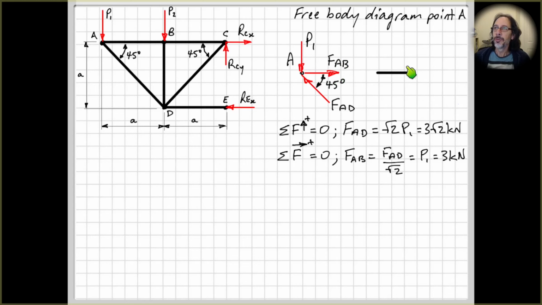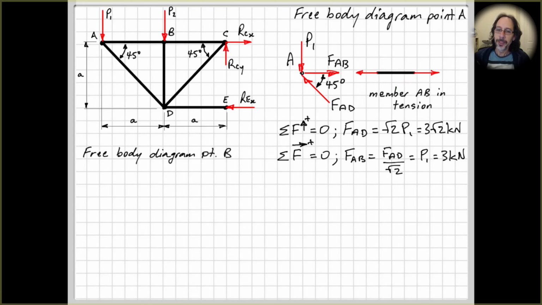Then if we draw the member AB, we see equal and opposite to the force over here, right? The force that the joint or the pin exerts on the member. And then on the other end of that, for it to be in equilibrium, must be equal and opposite to this, right? So hopefully you can clearly see now that this is in tension.